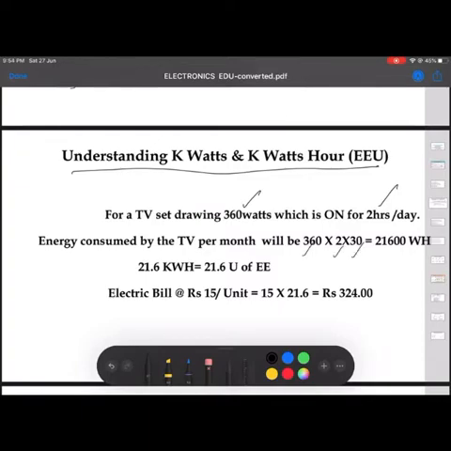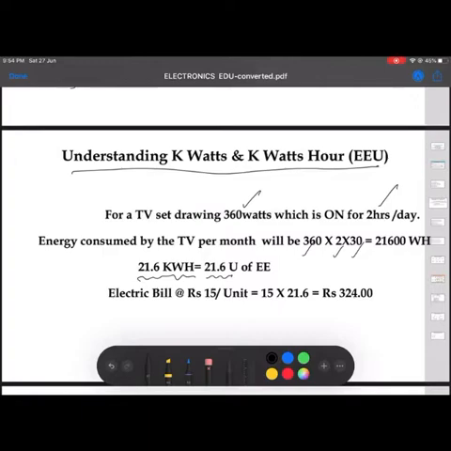What is 360? Its wattage. What is 2? The number of hours being used, and 30 the number of days in a month. If you multiply, we get this much watt hour. However, the unit is not watt hour, it has to be converted to kilowatt hour. So if we divide this by 1000, we get 21.6 units of electrical energy.